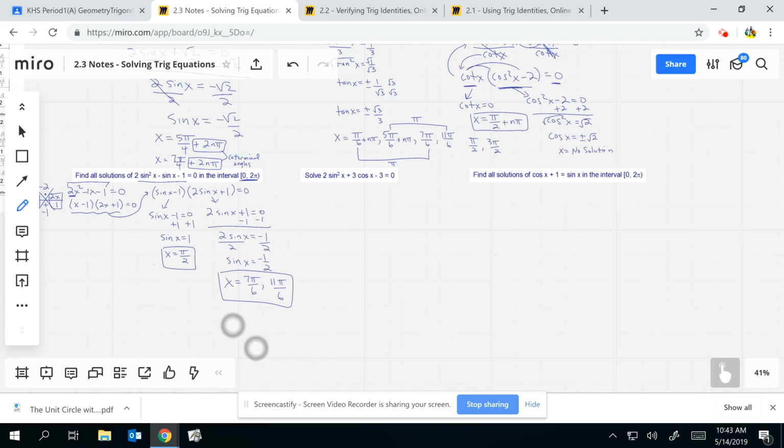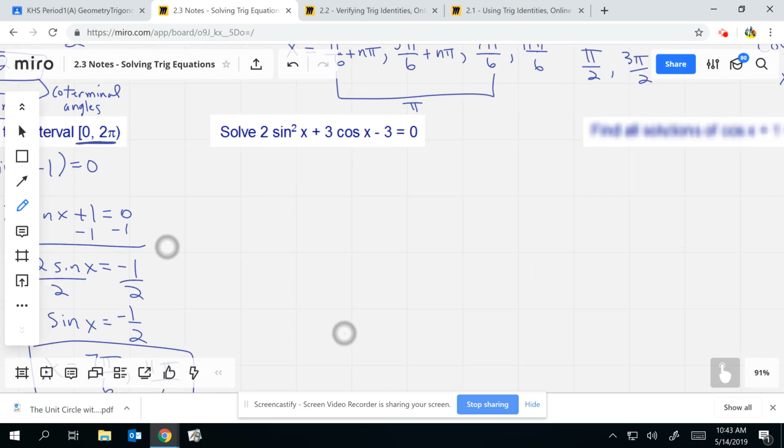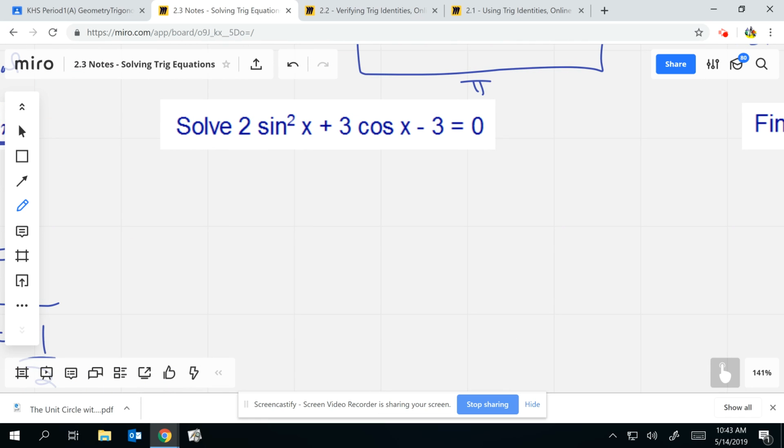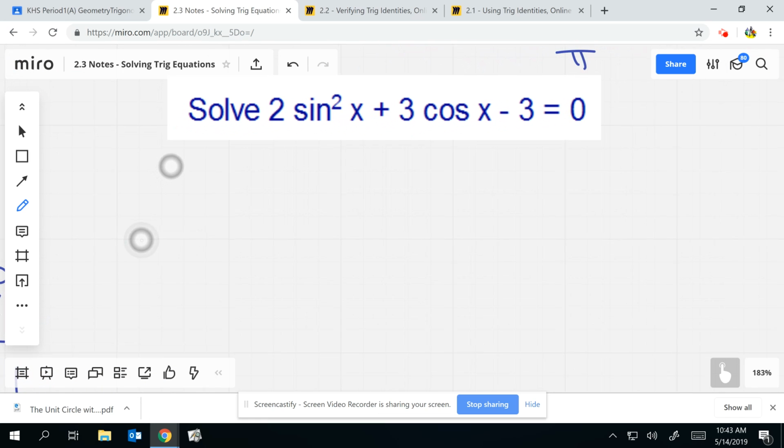Here's 5. Now watch what happens on this one. Notice how we have a sine squared and we have a cosine. We would like the same trig function. When we factored the last one, they were all the same trig function.